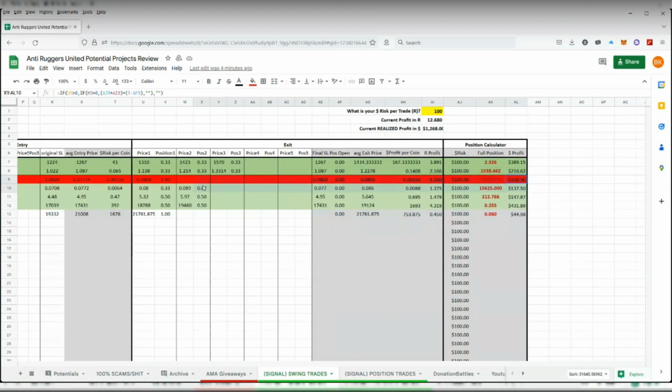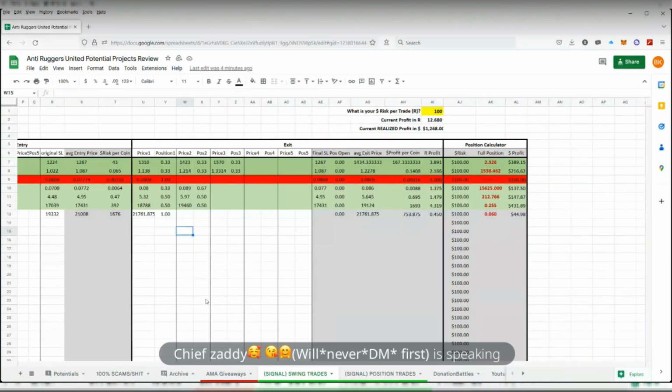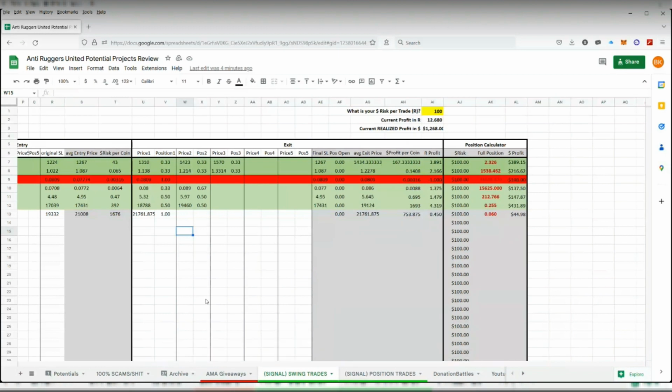Normally, I would say risk 1 to 2% per trade if your account is fairly large and you have a lot of money. But if you have a $100 account and it's something you could get back if you lose it all, it's not that big of a deal, then I would maybe risk 10 to 20% of your account per trade.